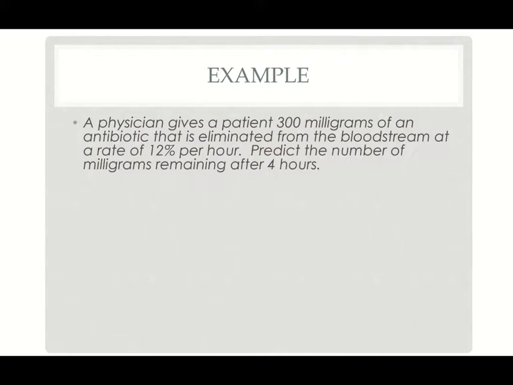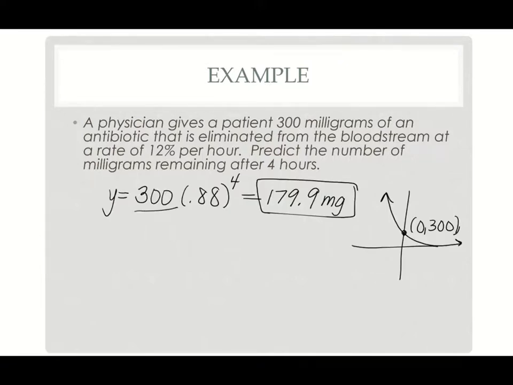So 300 was my initial value. 0.88 is my multiplier that I got from 100 minus 12, because it is decay, so it's being subtracted from 100, and then 4 would be my time. If I showed a sketch of this, it's going down, it's decaying, it's getting less over time, and our starting value was 300, so that would be our y-intercept.